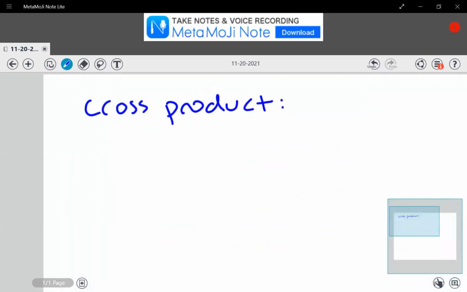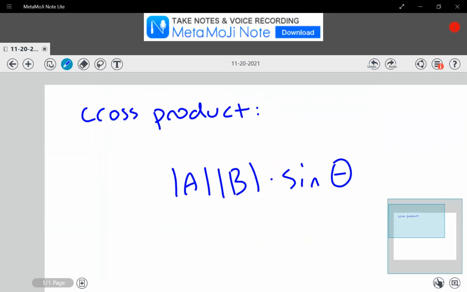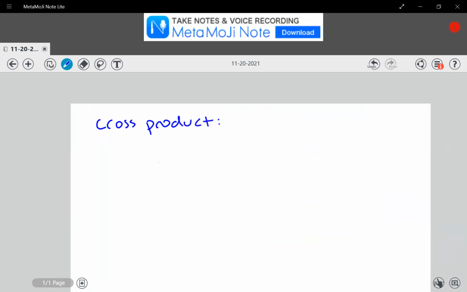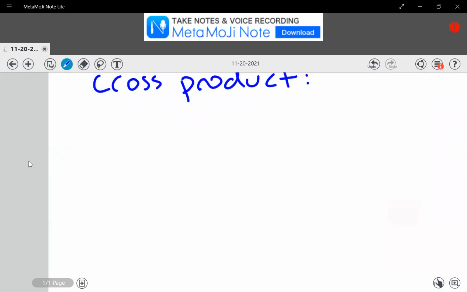Cross product. Essentially, it is the magnitude of A times the magnitude of B times sine of theta. You can use the previous equation to find that theta, or you can go ahead and use matrices, and I will show you how to do it with matrices. Let's say we've got two vectors, and they're going to be 3D vectors.